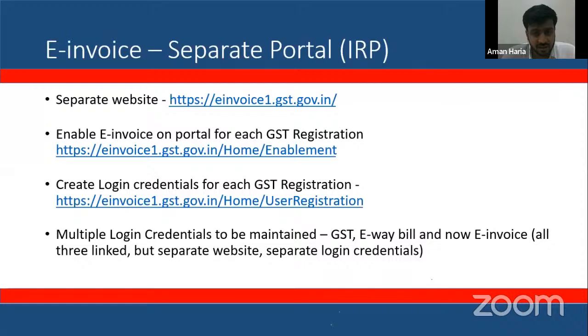Here I have highlighted the three important links. einvoice1.gst.gov.in is the website. First, you will be required to enable your GSTIN for e-invoice provisions. Subsequently, you will have to create a login ID and password for each GSTIN to which e-invoice provisions are applicable.